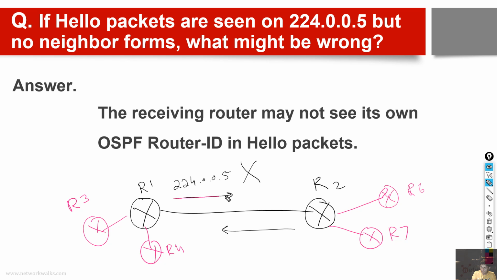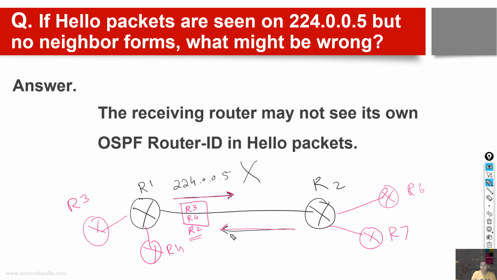So R1 will start sending hello messages, DBD messages and everything, and inside that initial hello message it will say, I am router number 1 and I have my neighbors: R3, R4, and I also have a neighbor R2.